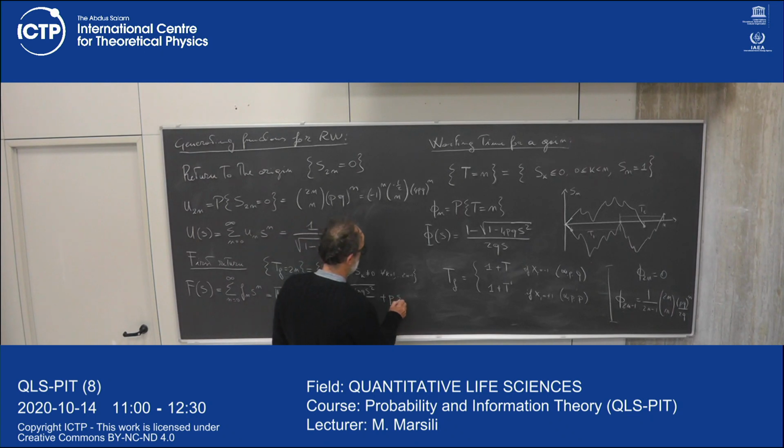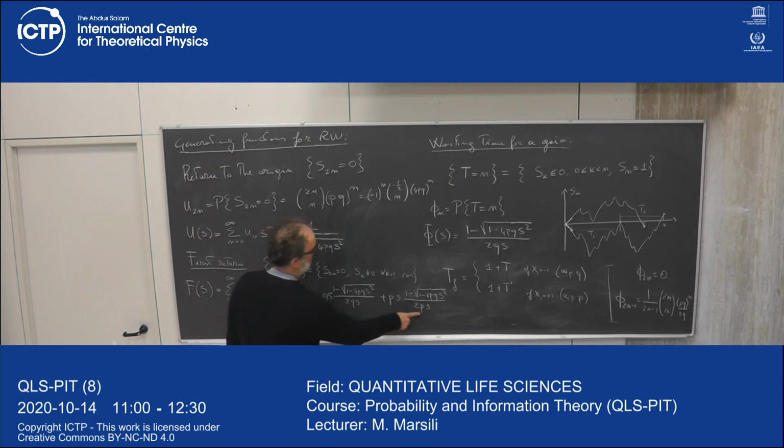So I have s times 1 minus the square root of 1 minus 4pqs squared, divided by 2ps, because I have to replace q by p.